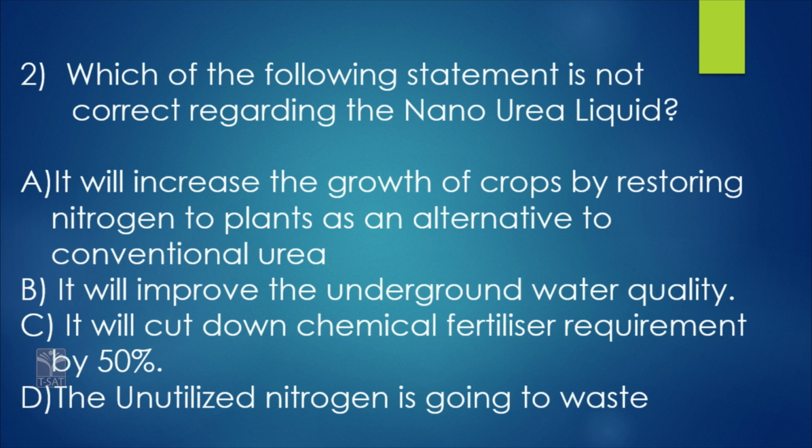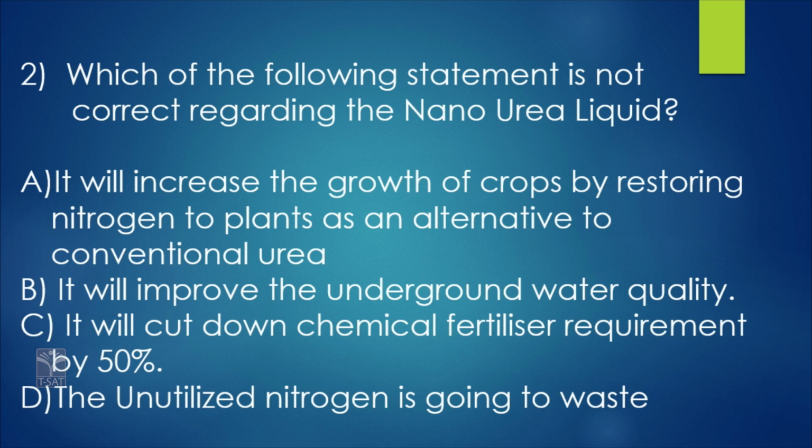It will cut down chemical fertilizers requirement by 50%. You already learned that liquid nano urea reduces the usage of conventional urea by 50% or more. So, statement C is also correct. The unutilized nitrogen is going to be wasted.